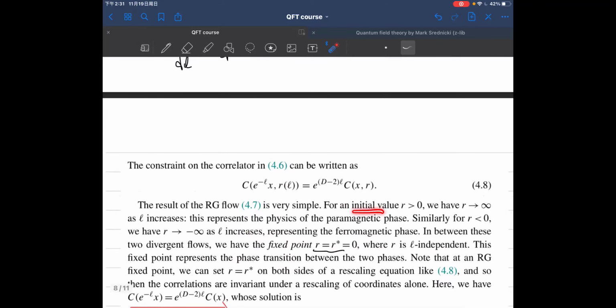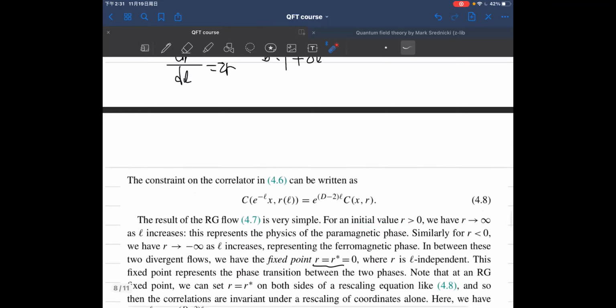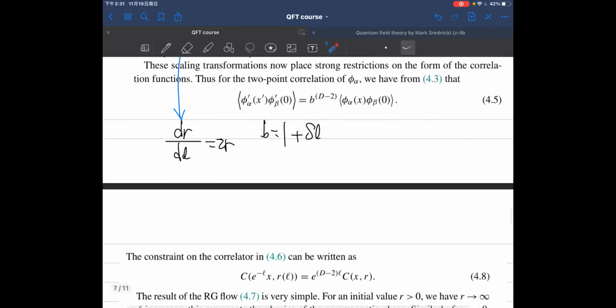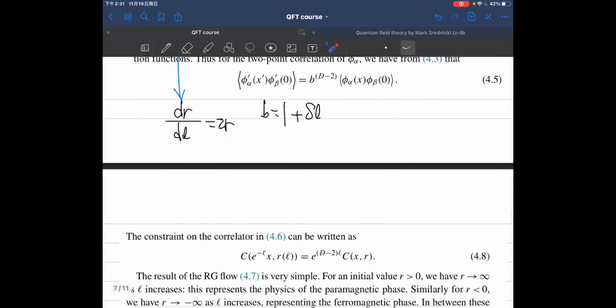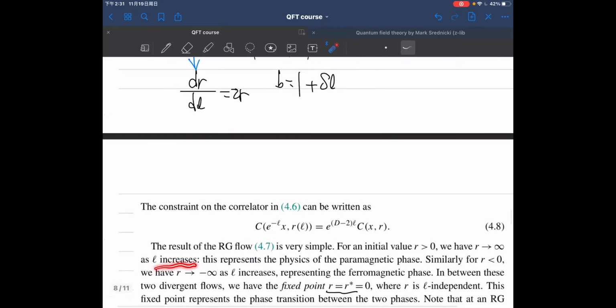Okay, good. Then you find some crazy thing. For initial value r larger than 0, you find this one. As l increases, you find that r goes to infinity. This represents the physics of the paramagnetic phase.